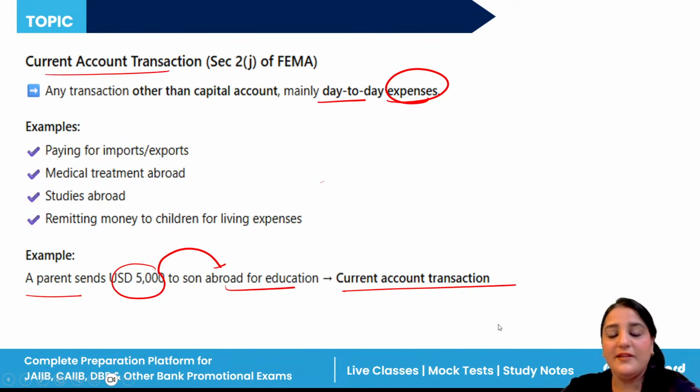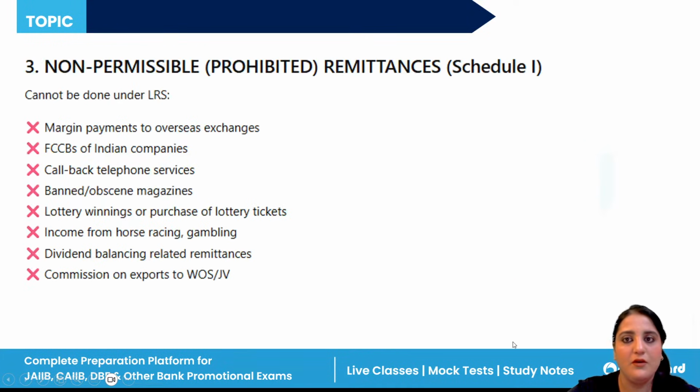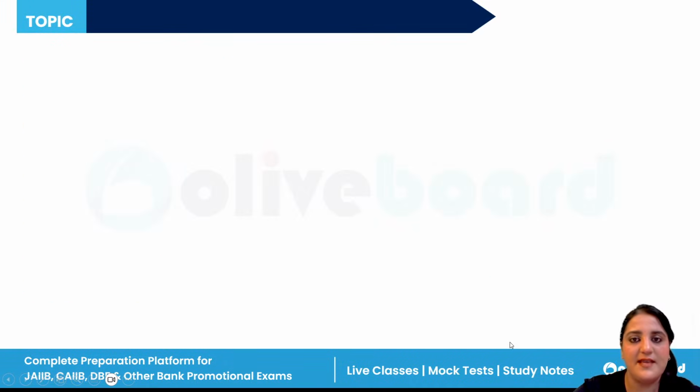Now there are some very important sections of FEMA under the LRS. So let's learn about these sections. First we have Section 4.